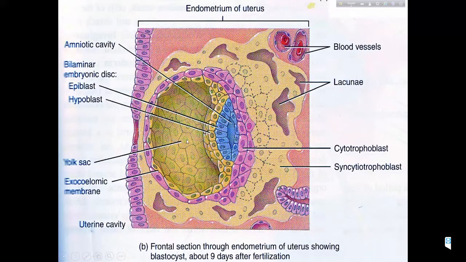Now this blastocystic cavity surrounded by the exocoelomic membrane is known as the yolk sac. So the blastocystic cavity is converted into the yolk sac when the hypoblast secretes the exocoelomic membrane.